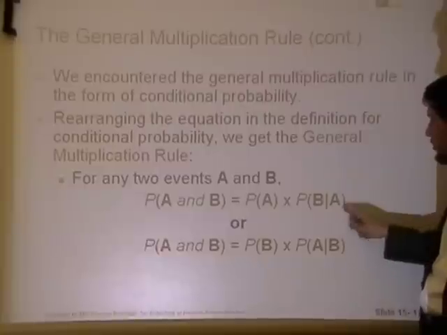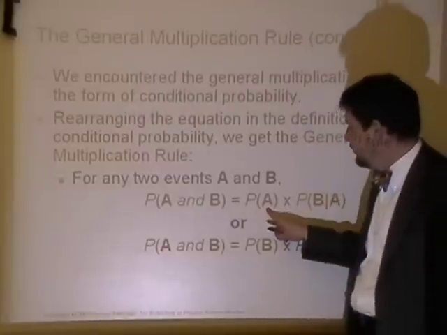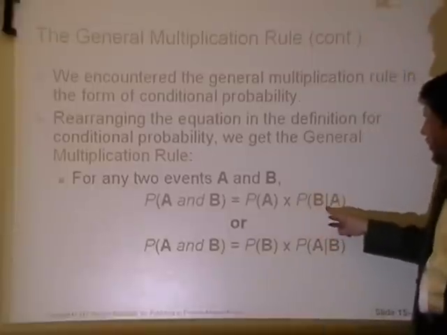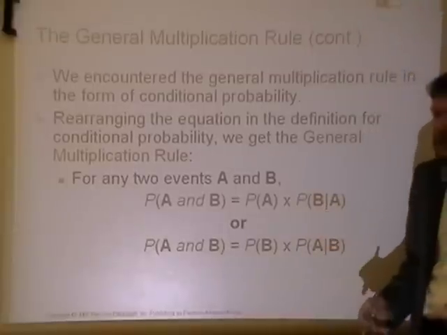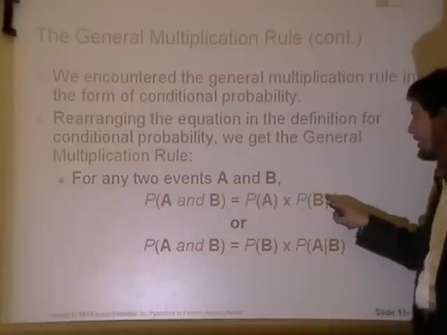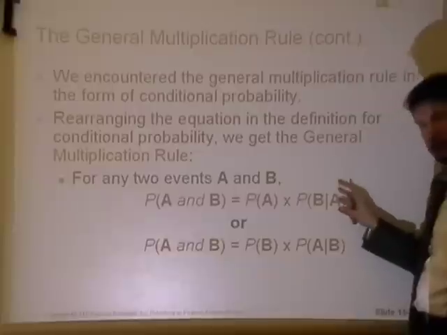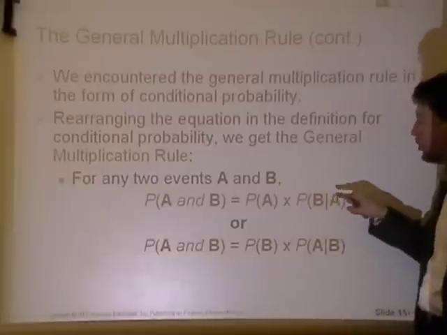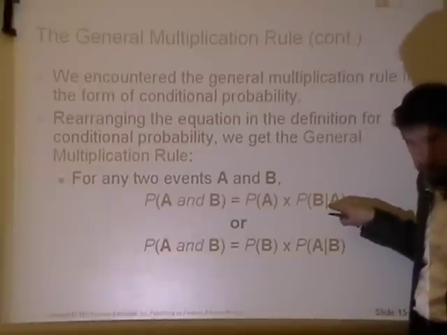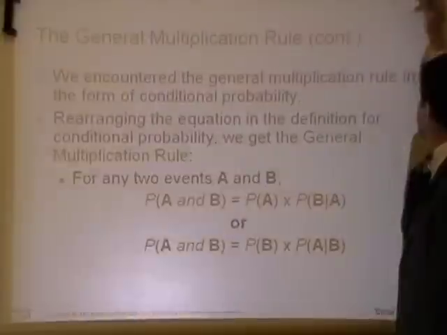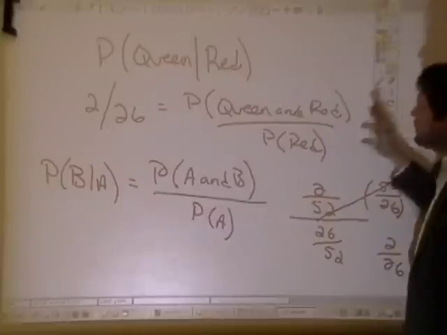As we look at this, here's the probability of event A, and then we find the probability of event B. But it's really easy. What this phrase, probability of B given A, is saying is, use your common sense. So what does it mean in this context?